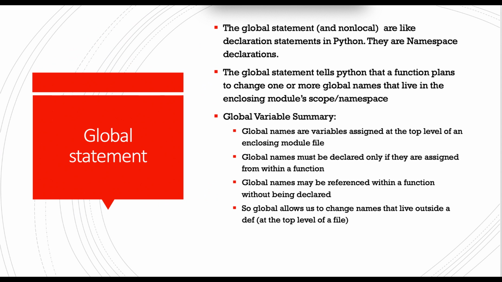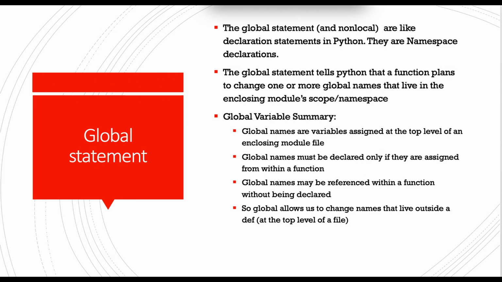Now, as promised, here's where we get to the global statement. The global statement and the nonlocal are like declaration statements in Python. They are namespace declarations. The global statement tells Python that a function plans to change one or more global names that live in the enclosing module scope or namespace.